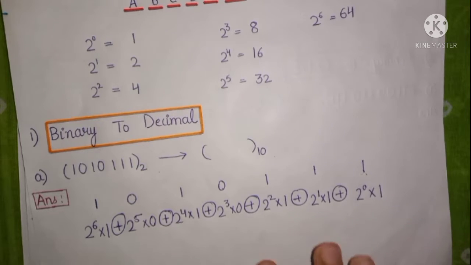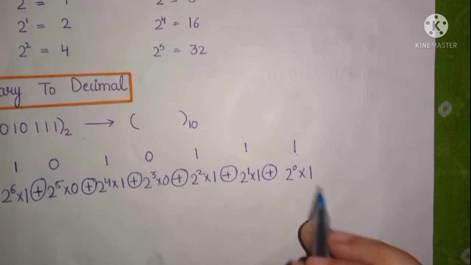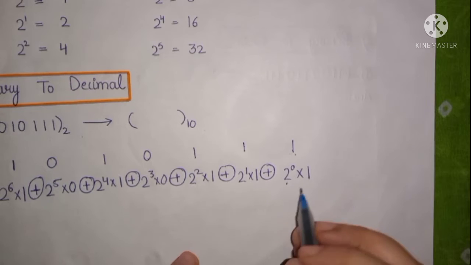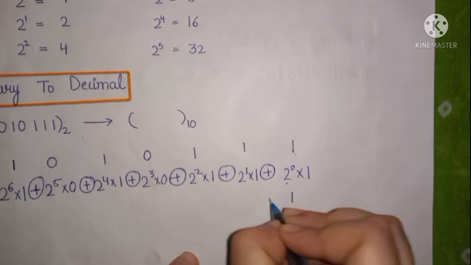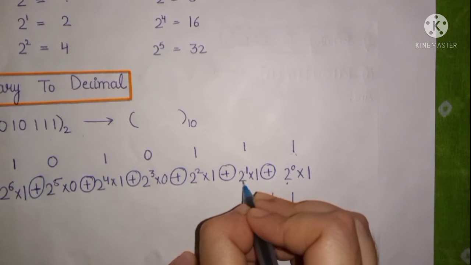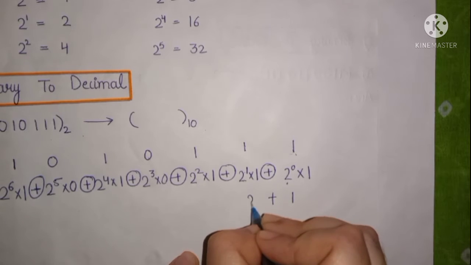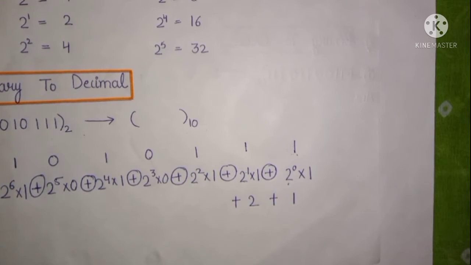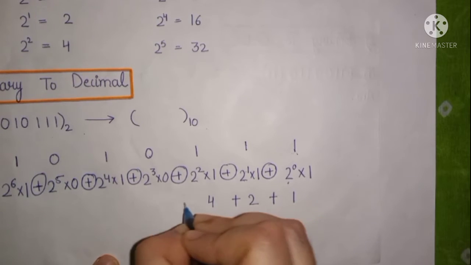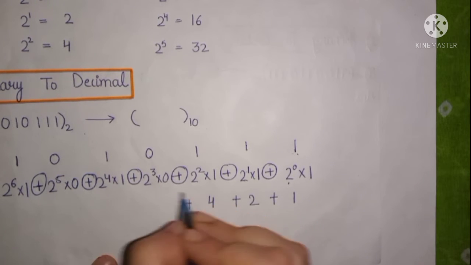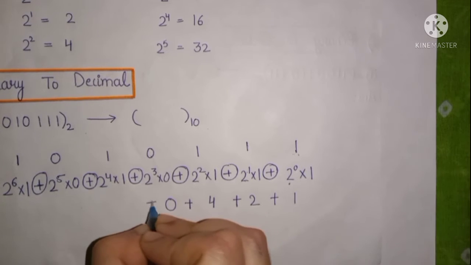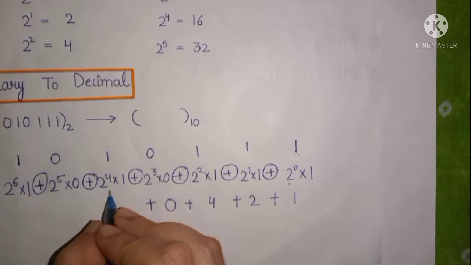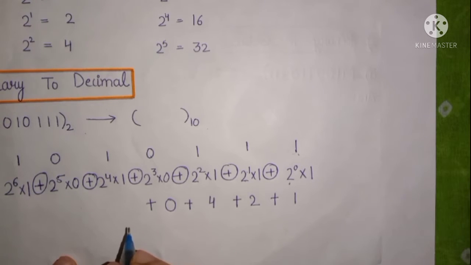Okay, so what we have understood before, 2 raised to the power 0 is 1, so 1 into 1 is 1, plus 2 raised to the power 1 is 2, so 2 into 1 is 2, plus 2 raised to the power 2 equals 4, and 4 into 1 equals 4. 2 raised to the power 3 is 8, 8 into 0 is 0, plus 2 raised to the power 4 is 16, right?